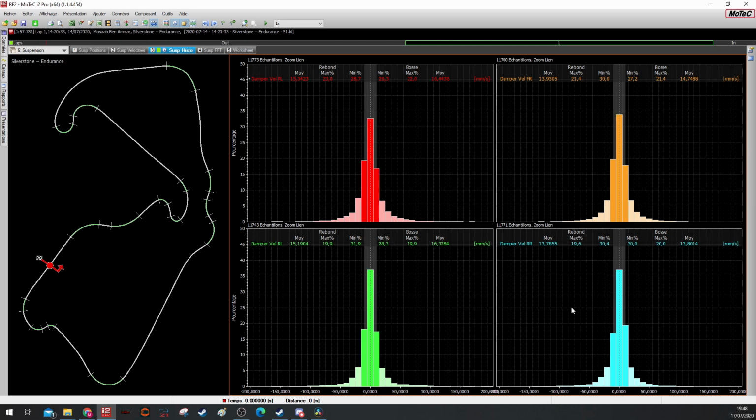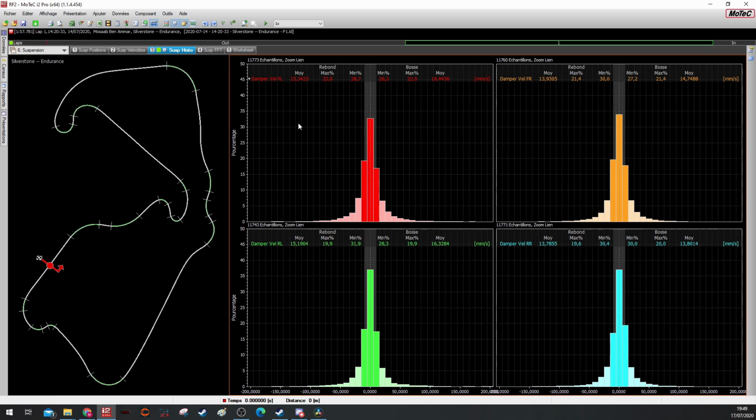I aim to have similar shapes around the 4 corners of the car, which means that the 4 suspensions work the same way. For me, it means the car is very well balanced.